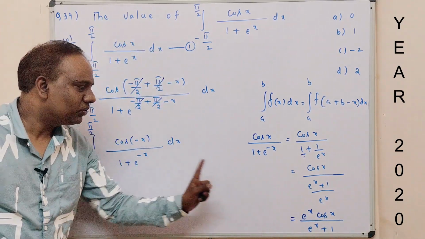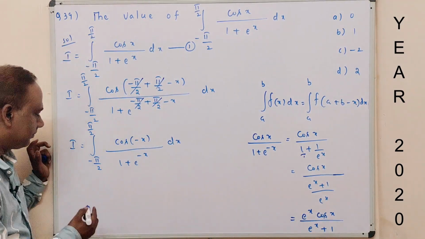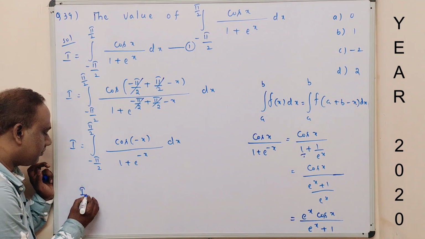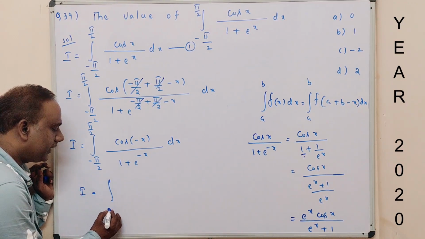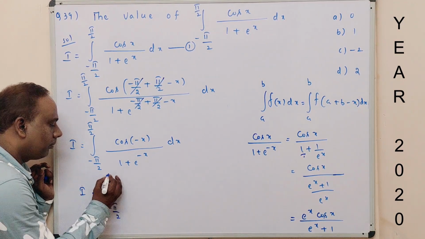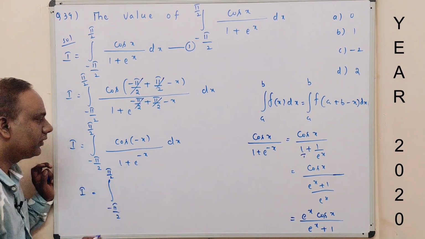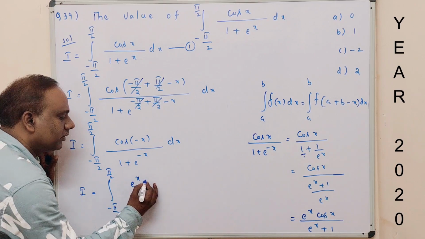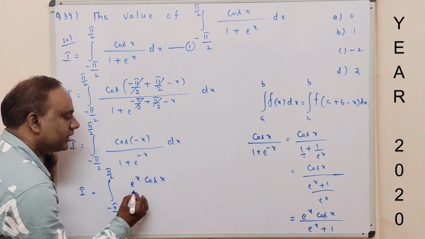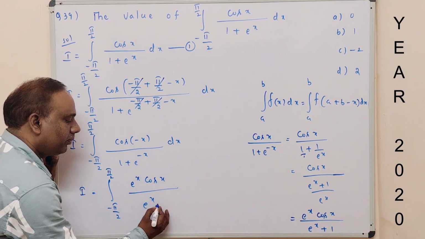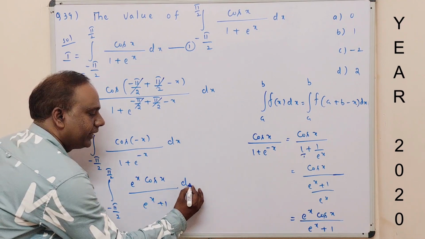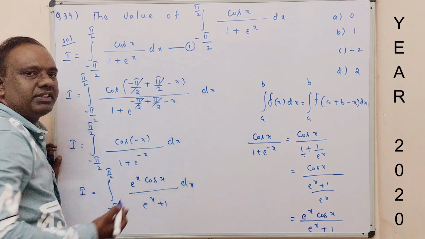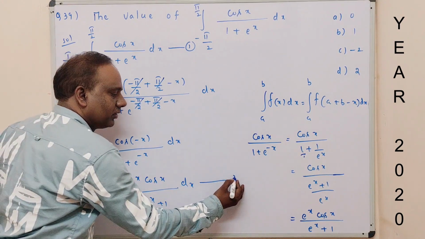This value I substitute here: I is equal to integration minus pi by 2 to pi by 2 of e power x into cos x by e power x plus 1 into dx. It is equation number 1.